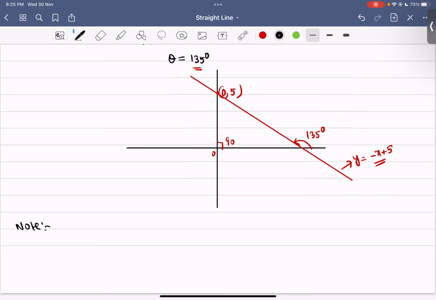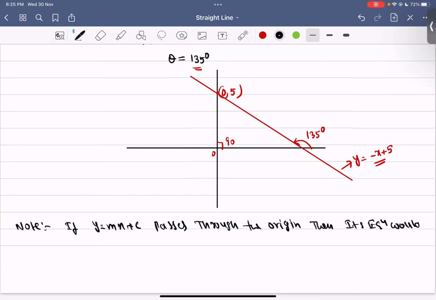Note: if y is equal to mx plus c passes through the origin, then its equation would be y is equal to mx.